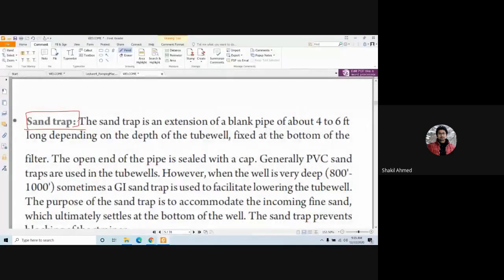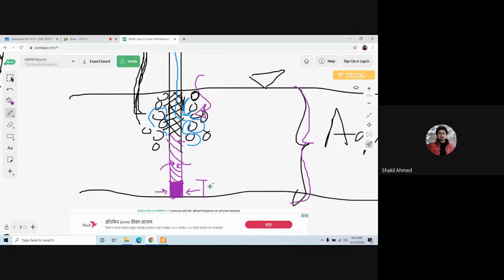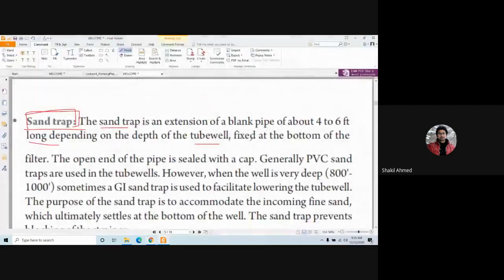Clear? That's the sand trap. The sand trap is an extension of a blank pipe of about 4 to 6 feet long, depending on the depth of the tube well.